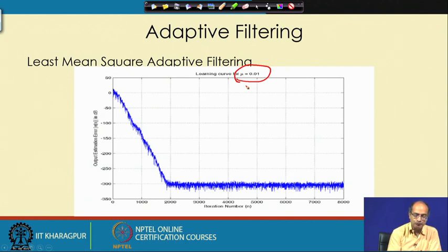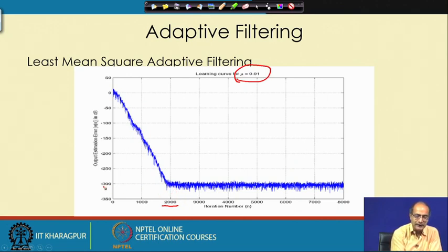For this value, as it is moving, there is noise all the time, the error is fluctuating, but it is converging steadily, and within 2000 iterations it has converged.